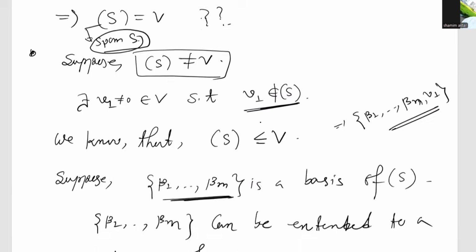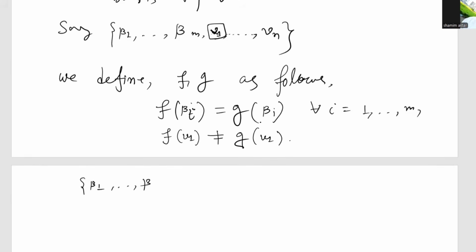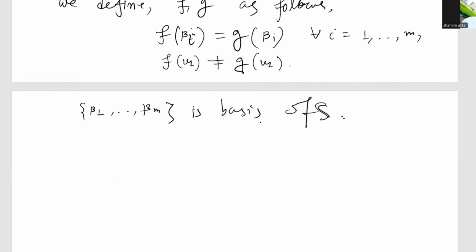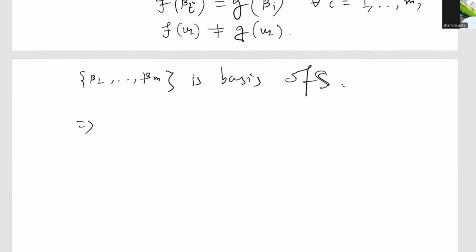Now beta 1, beta 2 dot dot beta m is a basis of span of S. From the above discussion we know that if two linear maps are equal on the basis elements, then the maps are equal on the whole space. So this implies f of s equal to g of s for all s belongs to S.